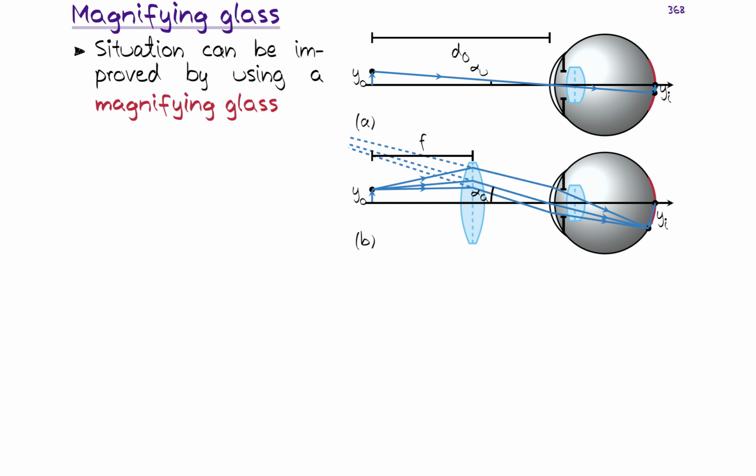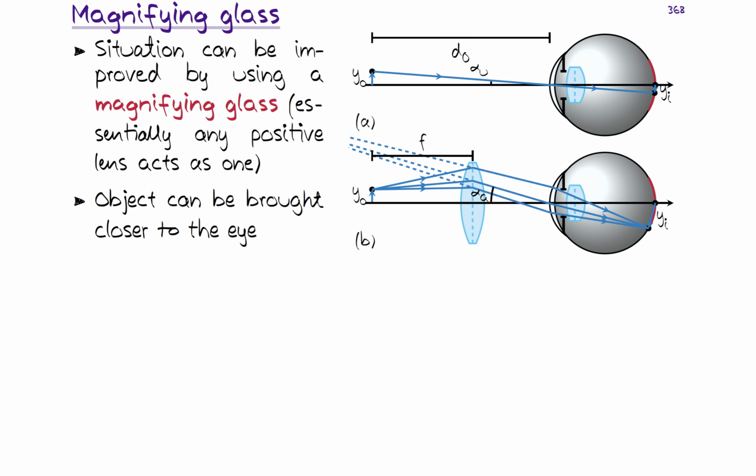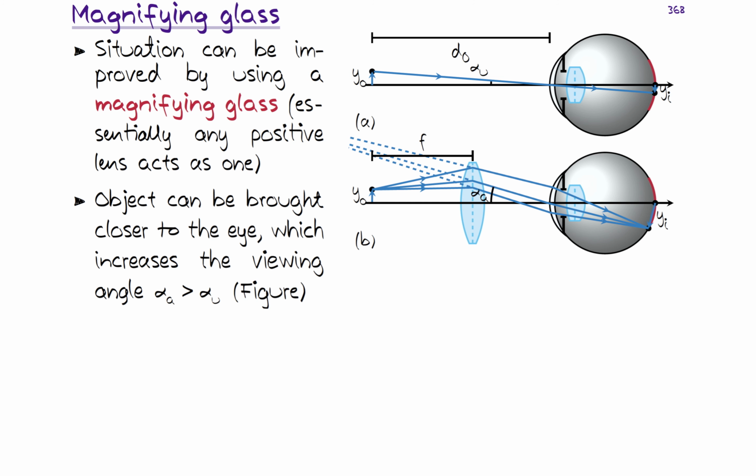And when we are using a magnifying glass, essentially a lens that has a positive focal length, the situation can be improved, and this is shown in the B figure. Here the object can be brought closer to the eye, and this increases the viewing angle that we have. This has been shown in the B figure, so that we can increase the new viewing angle alpha A by just using a positive lens between the object and our eye.